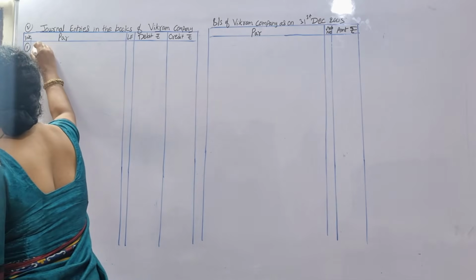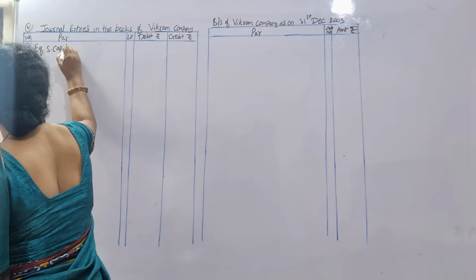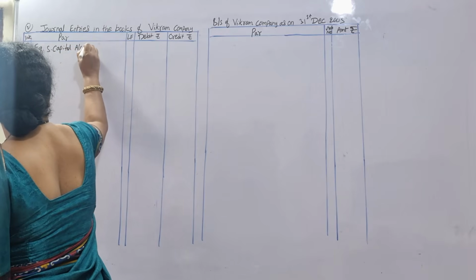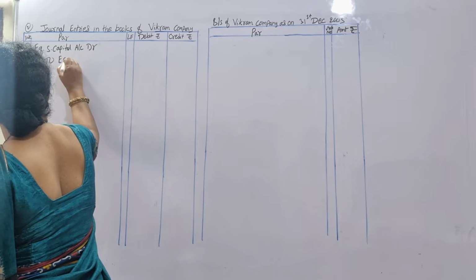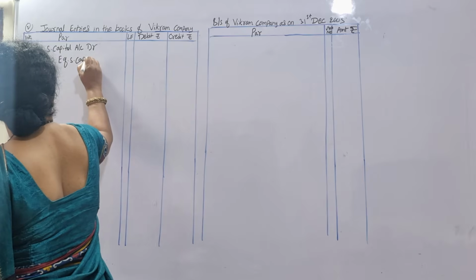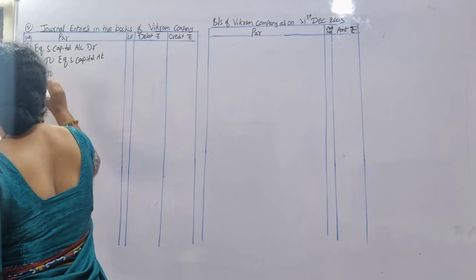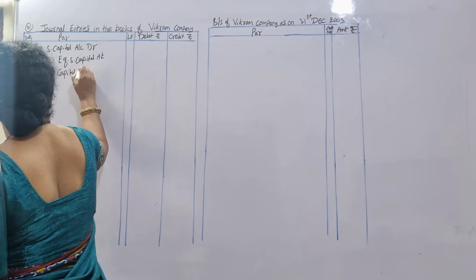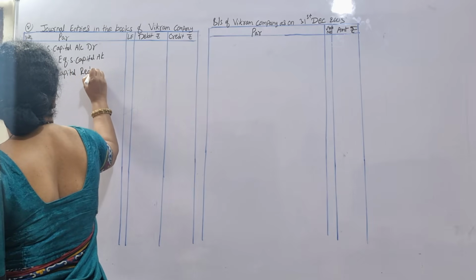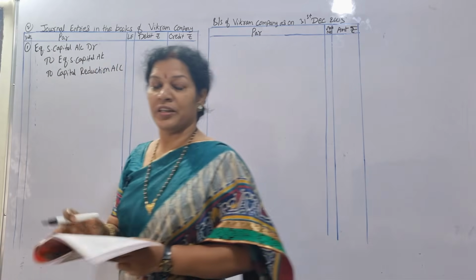Equity share capital account debtor to capital reduction account. So this is the entry.